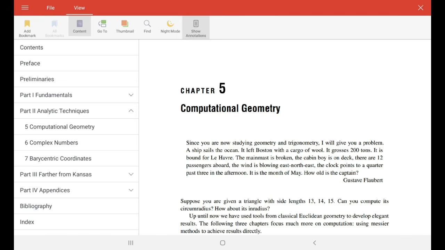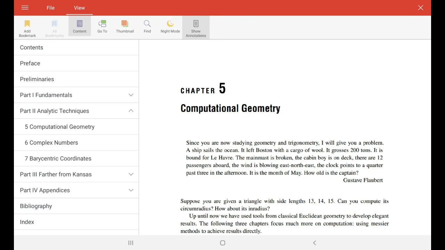The 6th chapter, the next one, is about complex bashing, how to use complex numbers in order to bash the geometry. And the 7th one is about barycentric coordinates, which is a very sweet and powerful bashing technique, also for the same reason.